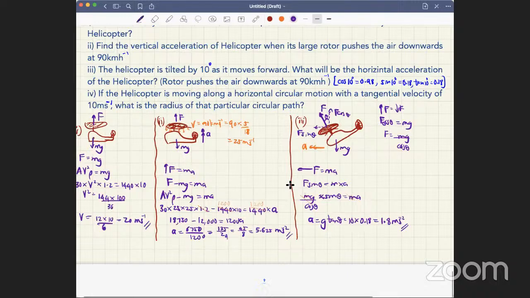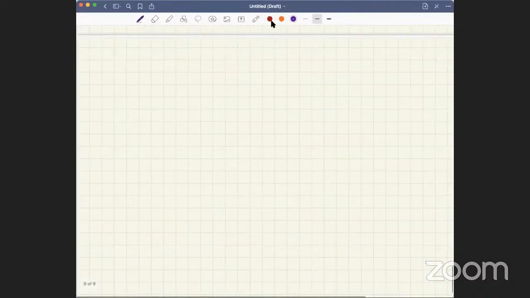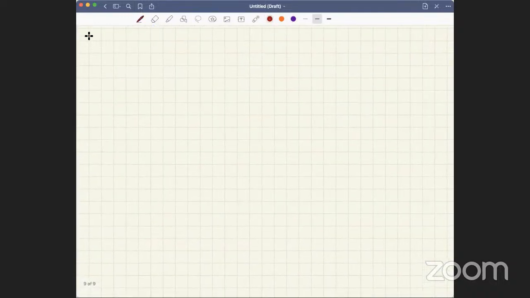Let's see. Roman 4. Now, there is a circular motion. We are supposed to find the radius. So our helicopter is moving along a circular path now, and it's tilted a little.